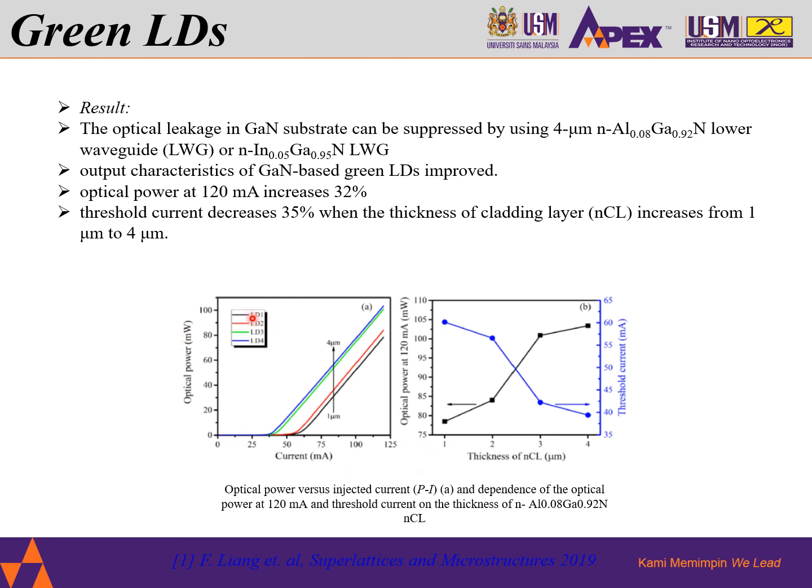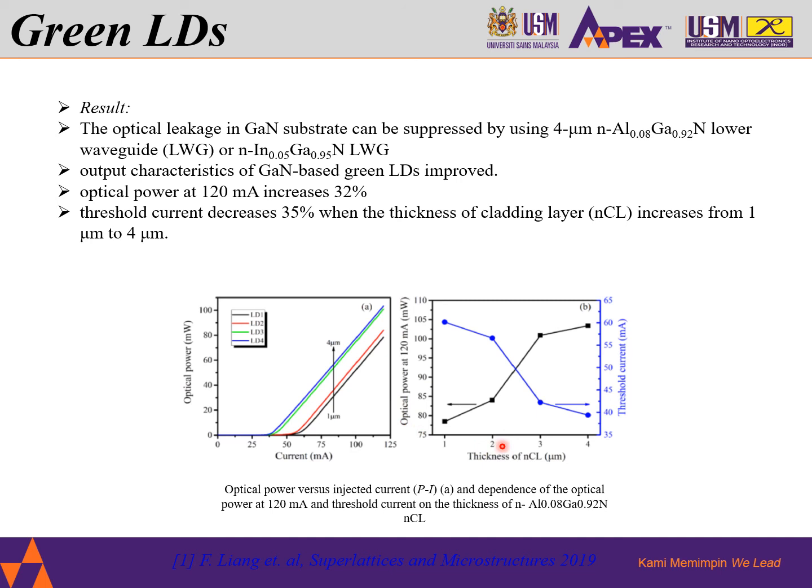The difference between these LDs is that the AlGaN cladding layer is 1 micron, 2 micron, 3 micron, and 4 micron. It can be seen that the output characteristics are improved obviously, and the optical power at 120 milliampere and the threshold current are summarized here.